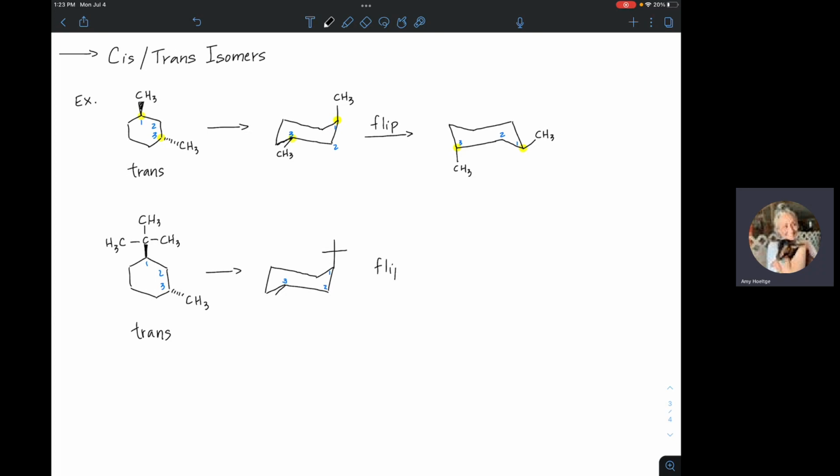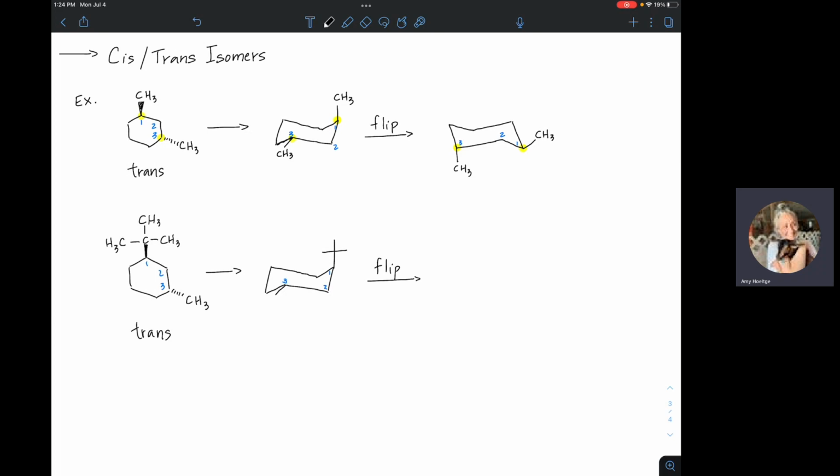We're going to flip the chair. Whatever was axial will become equatorial. So in the first structure, I have a T-butyl group in the axial position on carbon 1, and a methyl group in the equatorial position on carbon 3. I followed what we call the stereochemistry. The stereochemistry is given that three-dimensional orientation in space by the dash and the wedge. So I followed that all the way through.